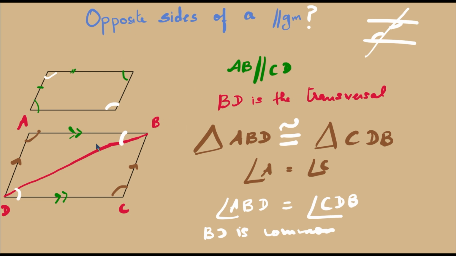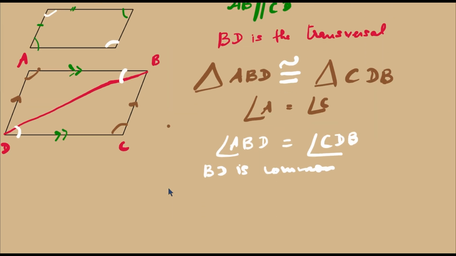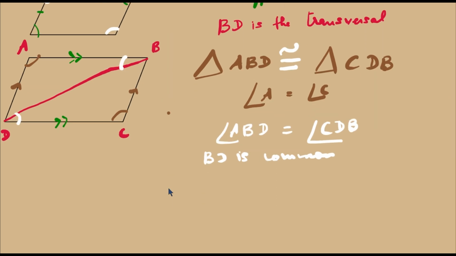So we have the proof that a diagonal, any diagonal, divides the parallelogram into two congruent triangles. So this is what we have established now. BD, the diagonal, divides the parallelogram into two congruent triangles.